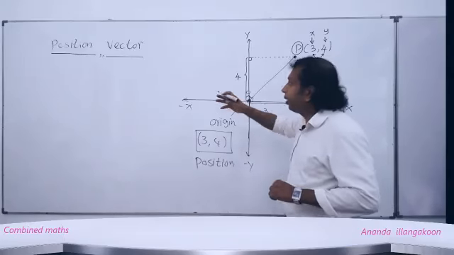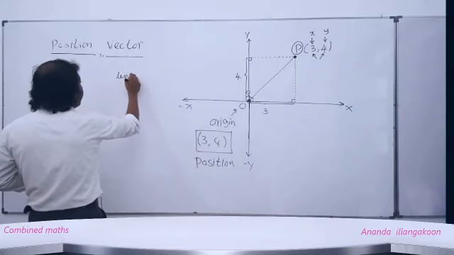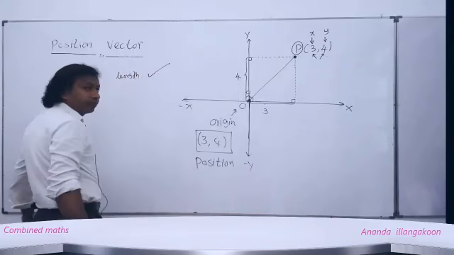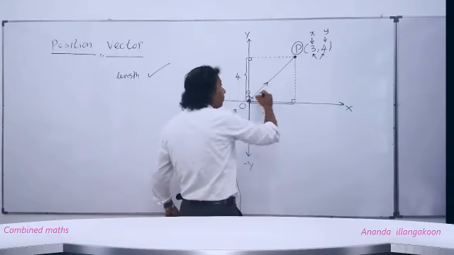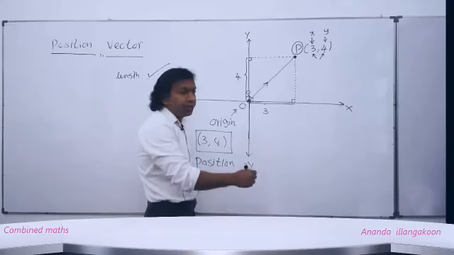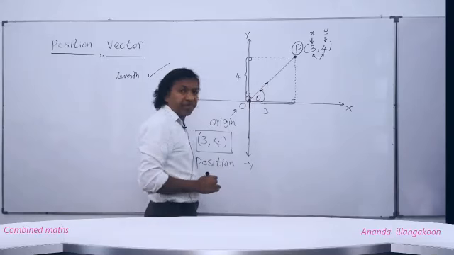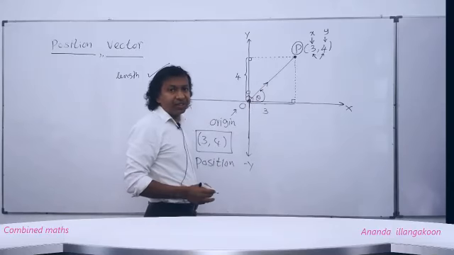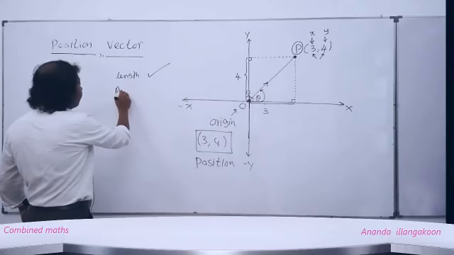Suppose that length we have. And I put this arrow here. Its direction I am going to measure by measuring this angle. Suppose that angle is 30 degrees or 60 or 45 or whatever. That angle also we know.